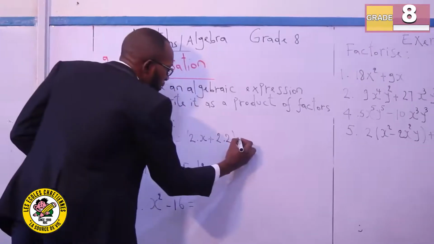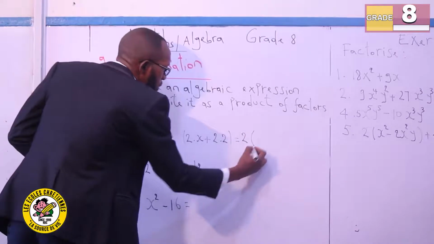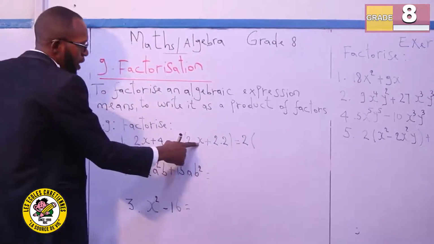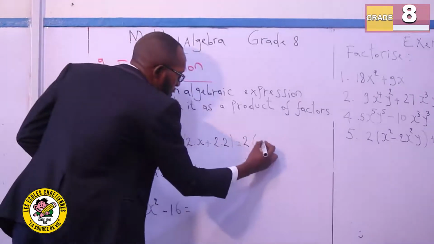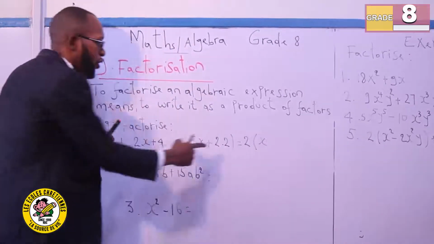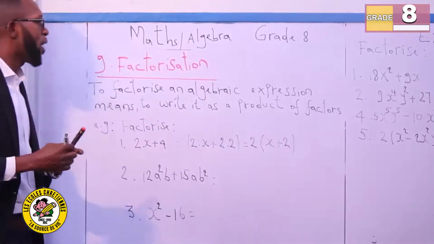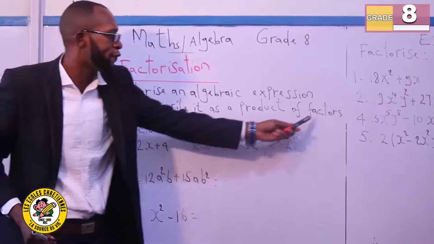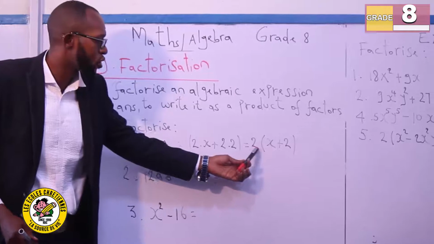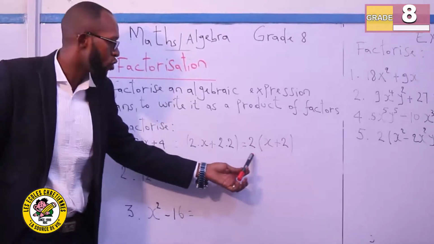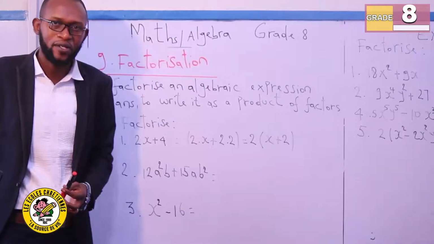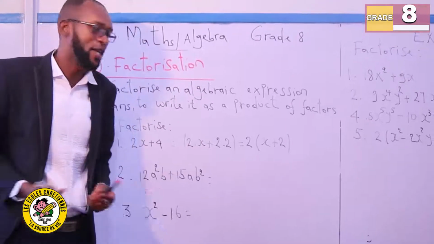So I can take 2. Then the parts that remain, you have here x, and over there you have 2. So you see that I write it as a product of factors. This is the first factor and here the second factor. So you write it as a product. Is it clear?